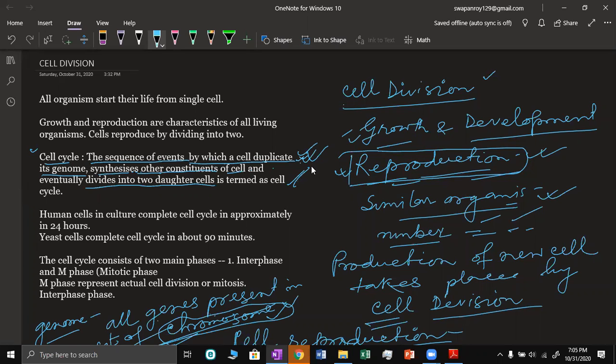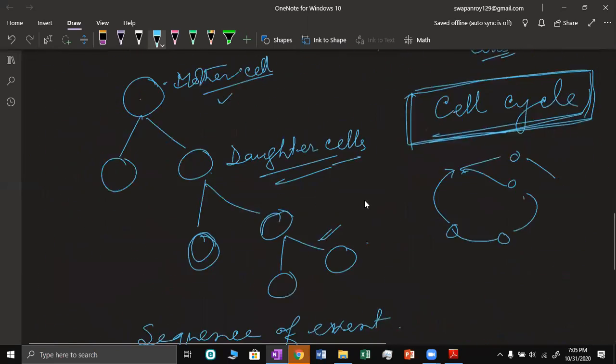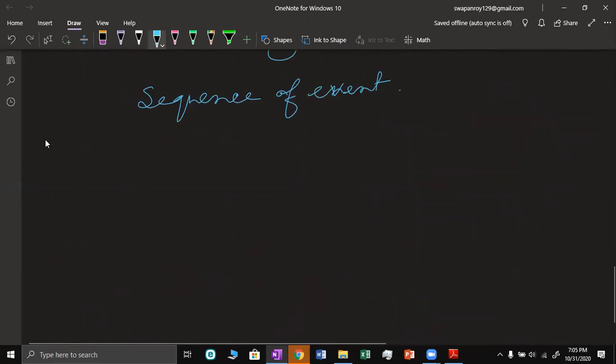And when they prepare for division, they first have to synthesize the genetic material, and also other cell components, and then finally it will divide into two daughter cells. Again the same thing will continue.